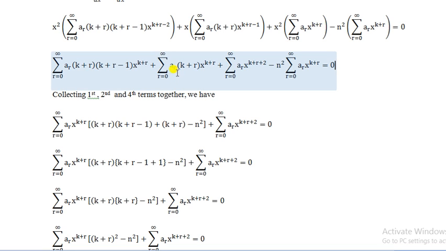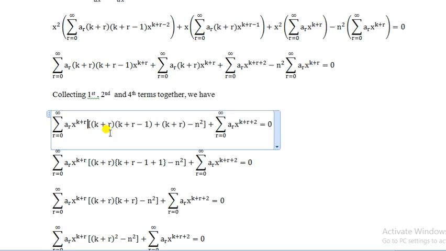In the second term, after taking ar x raised to k plus r as common, the remaining term is k plus r. And in the fourth term, after taking the common factor, the remaining term is minus n square. We will write the third term as it is: ar x raised to k plus r plus 2 is equal to 0.